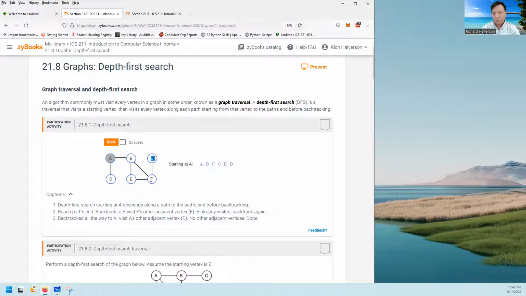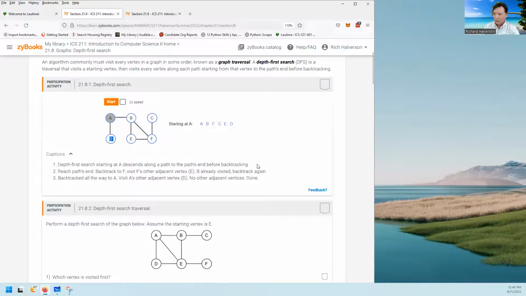So we go back, and from F, we can go to E because E hasn't been visited yet. And then once E is visited, we go back. Can't go anywhere, go back. Can't go anywhere because both these have been visited, go back. And now we can go visit D.